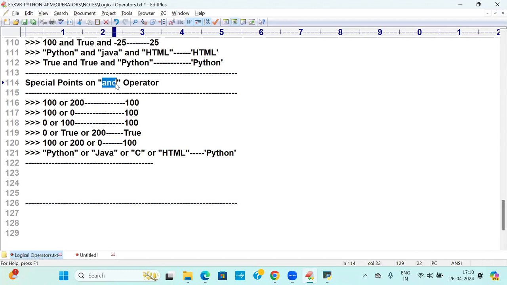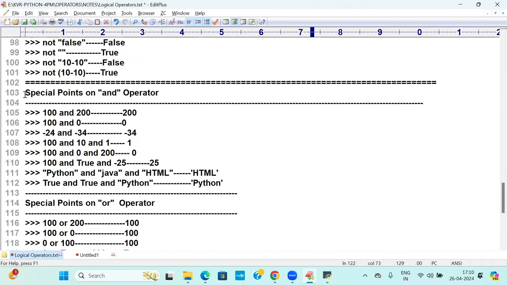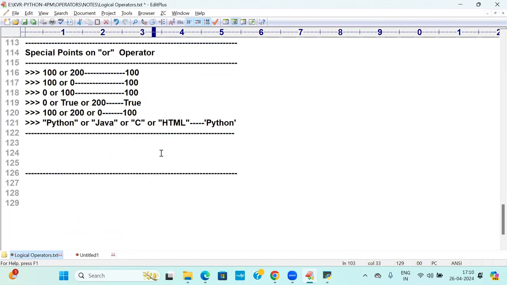This is about what? OR operator. Now, students, quite an interesting point I'm going to get to. Special points on AND operator as well as OR operator. Special points on AND and OR operators.